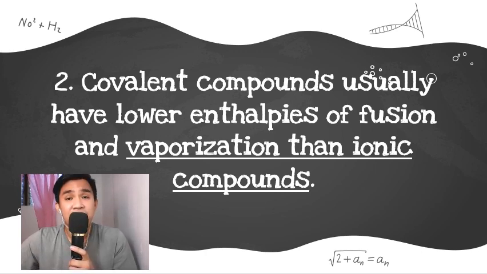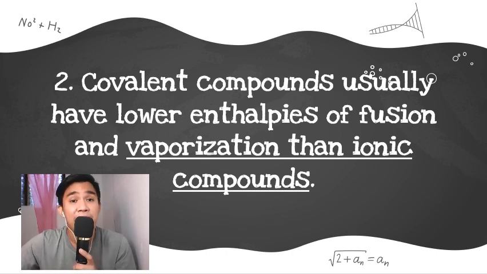The enthalpy of vaporization is the amount of energy required at constant pressure to vaporize 1 mole of a liquid. So on average, it takes only 1% to 10% as much heat to change the phase of a molecular compound as it does for an ionic compound.